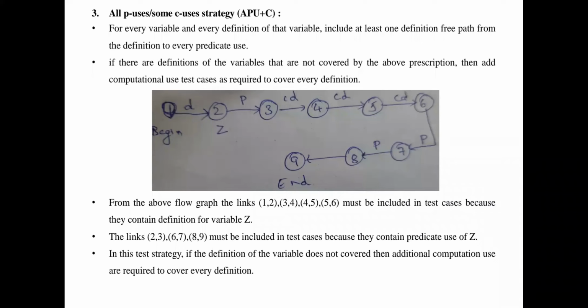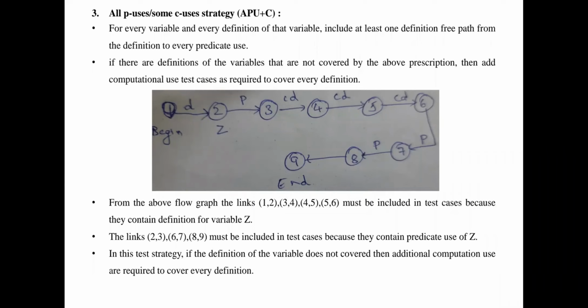So the definition of this strategy is that it should have the predicate. If the definition is not connecting with the predicate, we can use the computational links to connect the definition link. The variable is not covered, so additional computation use is required to cover every definition.